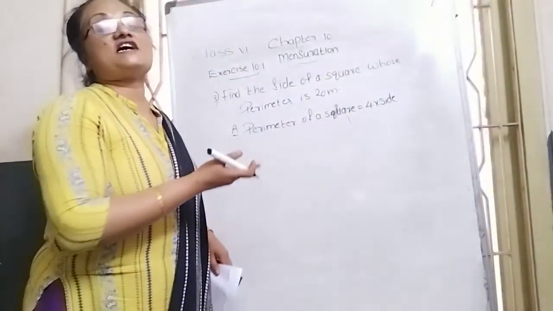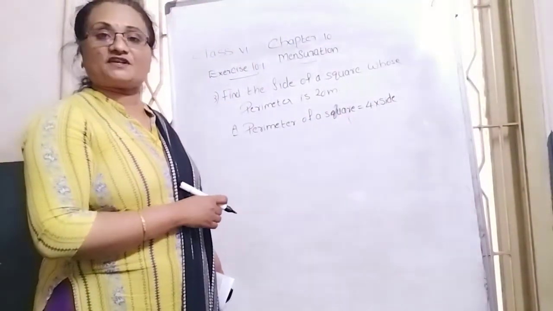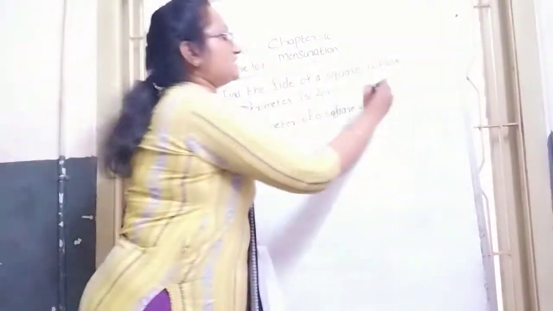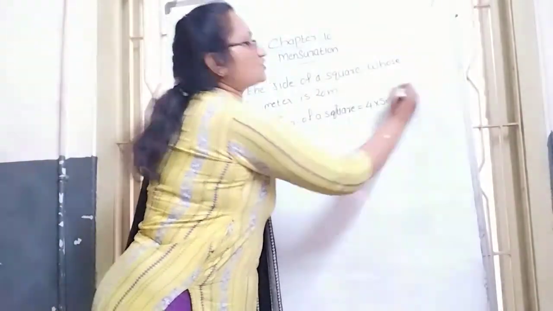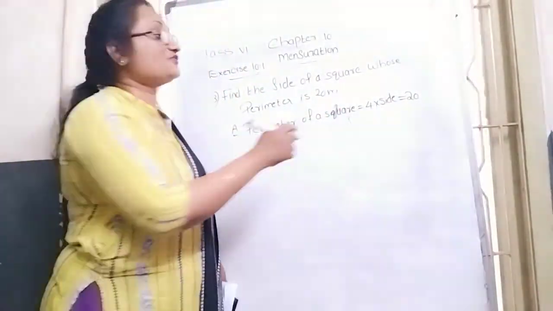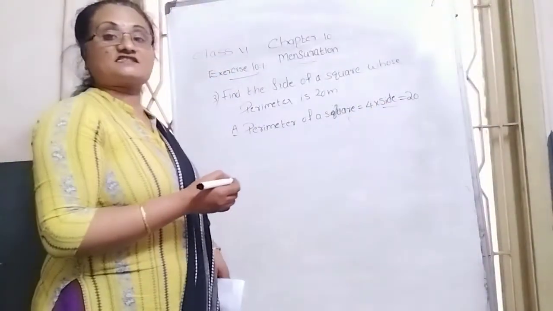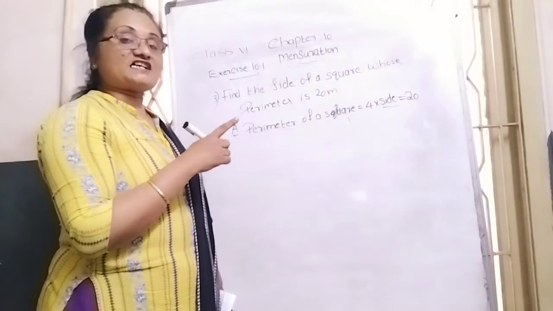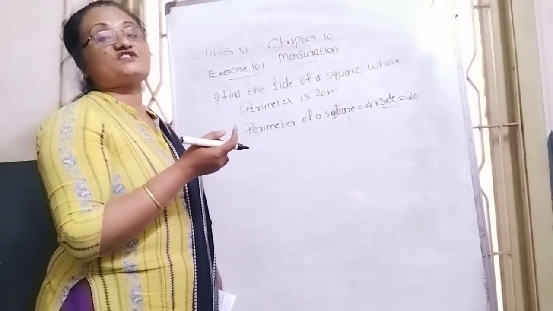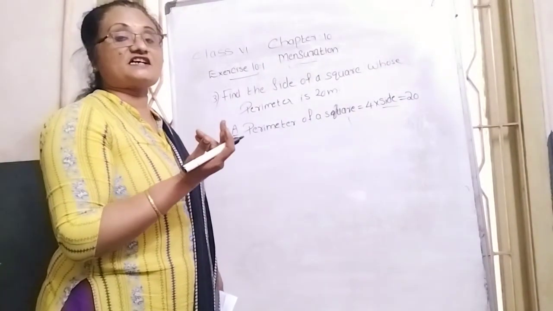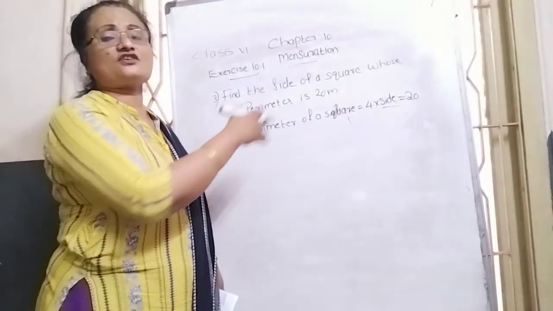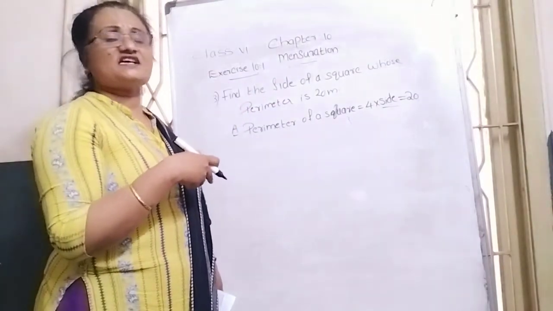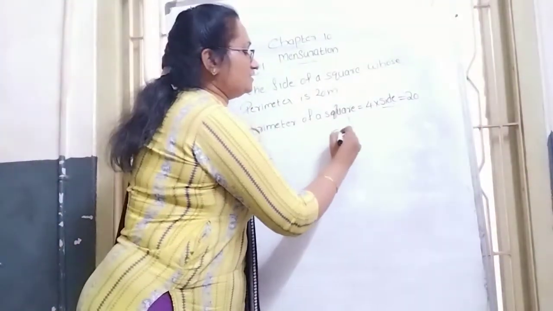The perimeter value is given, so you don't need to find the perimeter. It is given in the question, and it is equal to 20. What are they asking? One side of the square. We know that in a square all sides are equal, so one side measurement is equal to the remaining three sides.